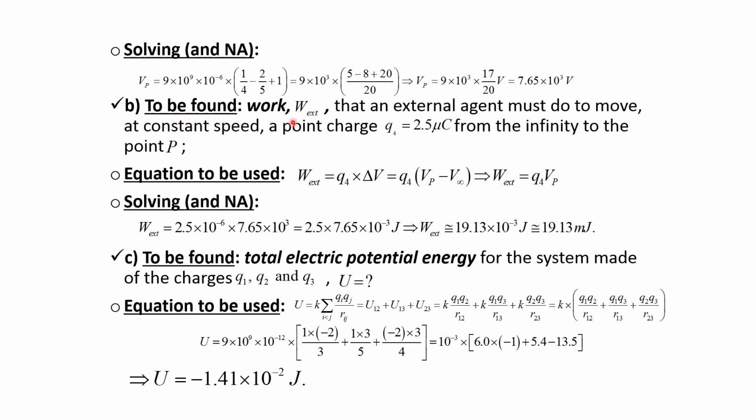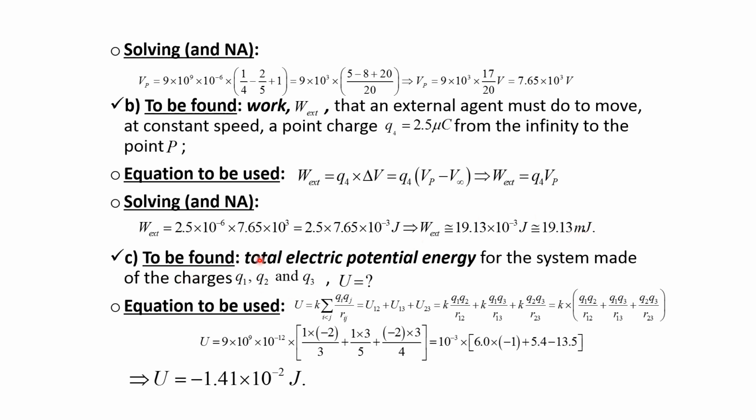Then B, we are asked to find the work done by an external agent to bring a charge Q4 from infinity to the point P. This work done is equal to the charge Q4 times the potential difference at point P, equals 2.5 times 10 to the power minus 6 times the potential at point P, 7.65 times 10 to the power 3, which is approximately 19.13 millijoules.